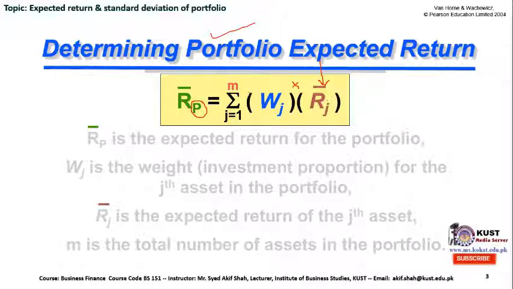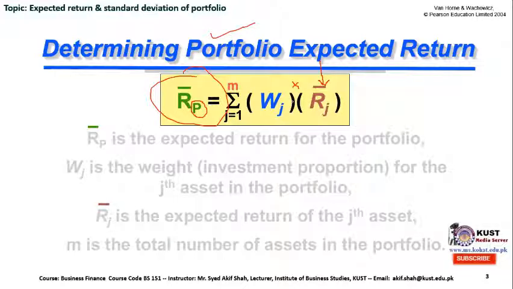This is the first section of the formula to calculate the expected return of the portfolio. This summation starts at J equal to 1 up to M, and in this lecture our emphasis will be only on a two-stock portfolio.